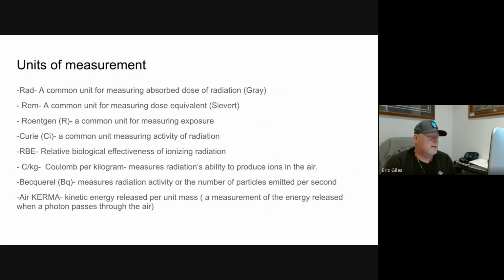Okay, REM, a common unit of measure for dose equivalent, or a sievert. Okay, it's just another way of saying it. Roentgen, a common unit of measure for exposure. Okay, now Roentgen, we know that comes from the founder of X-ray, Mr. Roentgen. Anyway, weird name, but it's the common unit of measure for exposure.